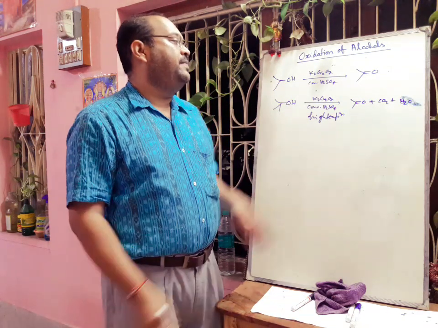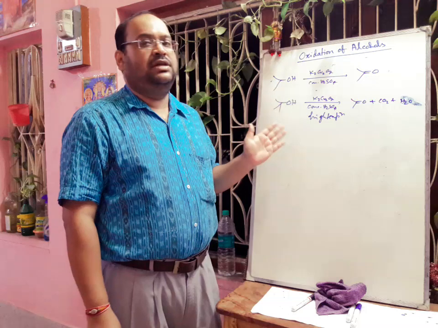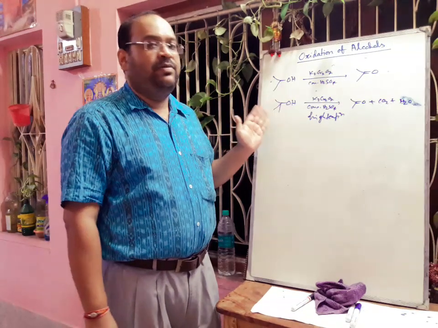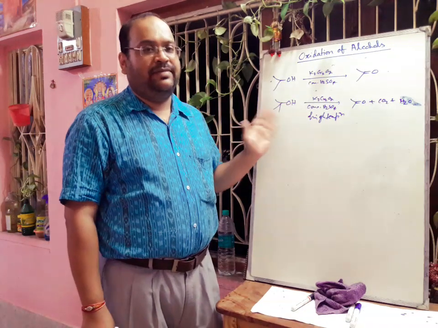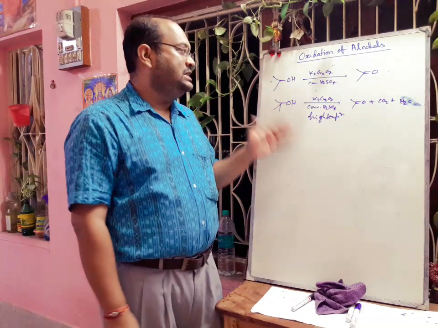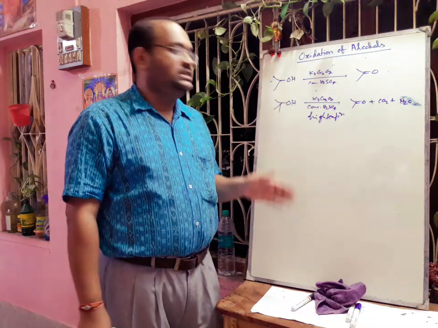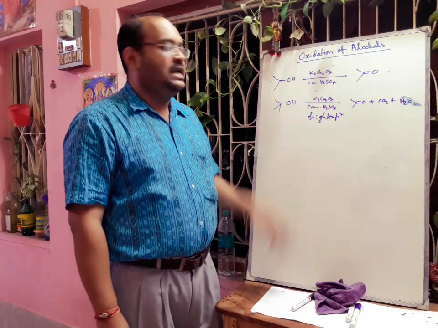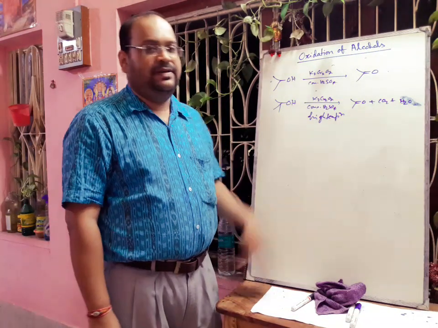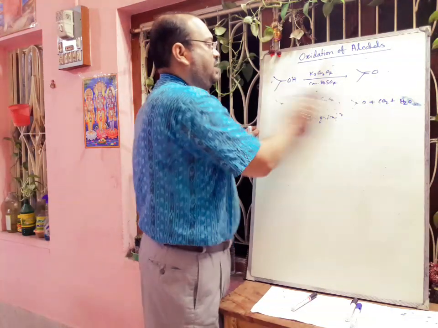So in this way, we can easily understand what type of alcohol is present. In case of primary alcohol, again I am telling, we easily get the carboxylic acid. In case of secondary alcohol, we easily get ketone, and in case of tertiary alcohol, oxidation is very difficult. So a drastic condition is required.